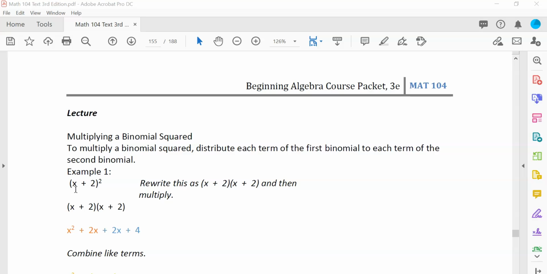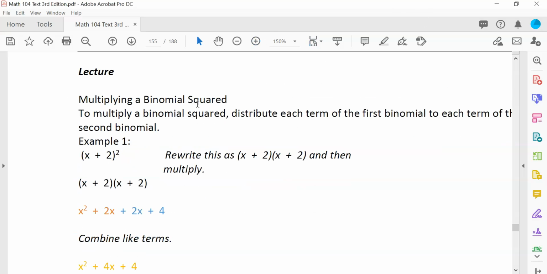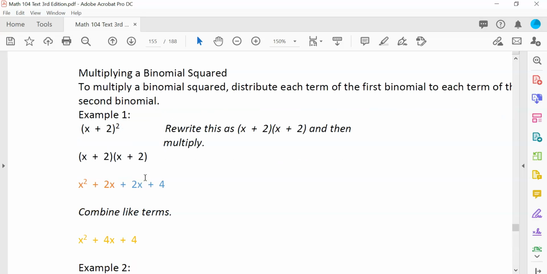So what does x plus 2 quantity squared really mean? Well, it means that you're going to take x plus 2 and multiply it times itself. We just saw in the last part of this lesson that when you do this, you distribute the x into both terms, distribute the 2 into both terms, and you get these 4 terms.